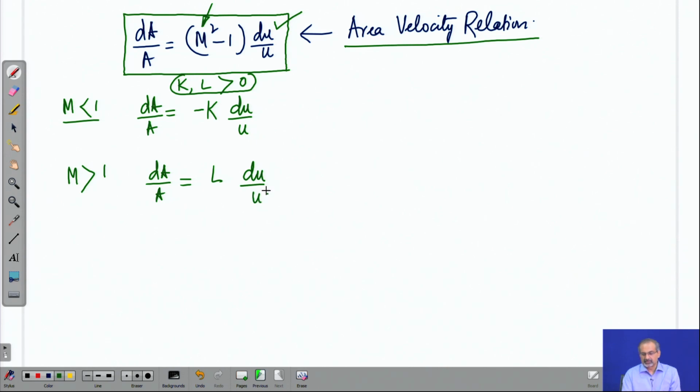So, what do you notice? You notice that this has a negative sign while this has a positive sign, while the constants themselves are both positive. What is the implication that comes out of this? It is a very profound implication.